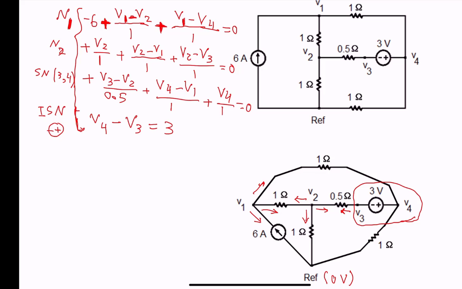For node 2, we should have either positive V2 or positive V2 minus another voltage. Supernode is nodes 3 and 4, so basically follow the same rule. We need positive V3 or positive V4. This way, if we have made a sign mistake, we can quickly find it and correct it.